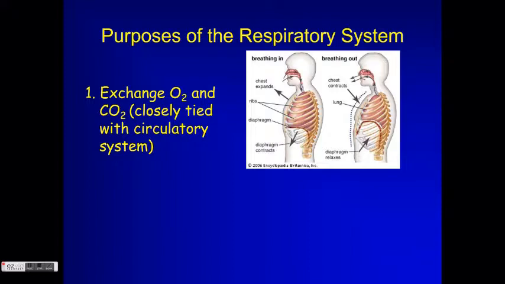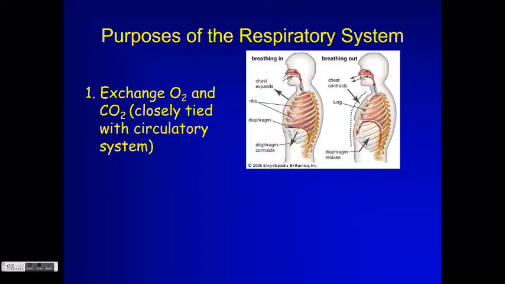When we breathe in air and bring that oxygen into the body, we want to transport that oxygen to cells that need it, and so that means we're going to have to transport that in the blood. In addition, you're going to learn within this unit how the body produces carbon dioxide gas, and that carbon dioxide gas produced by all the different cells in your body will need to be transported through the circulatory system back to the lungs. And so it's kind of hard to talk about one without describing the other.